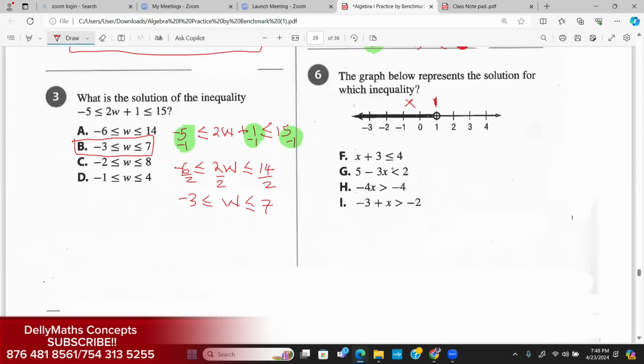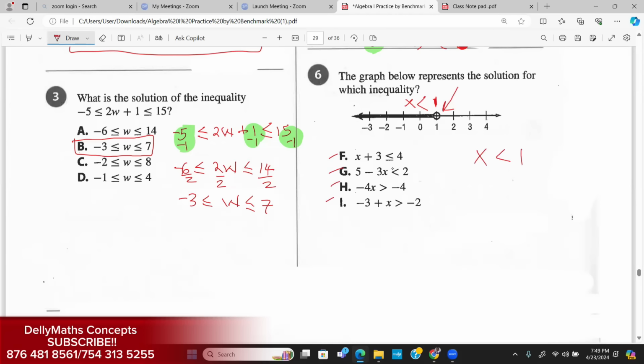But the arrow is pointing to the left of 1. That means x is less than 1. There's no equal because it's not shaded, okay? You could see it's open right there, which means we're going to take these and see which one of these could give x is less than 1.